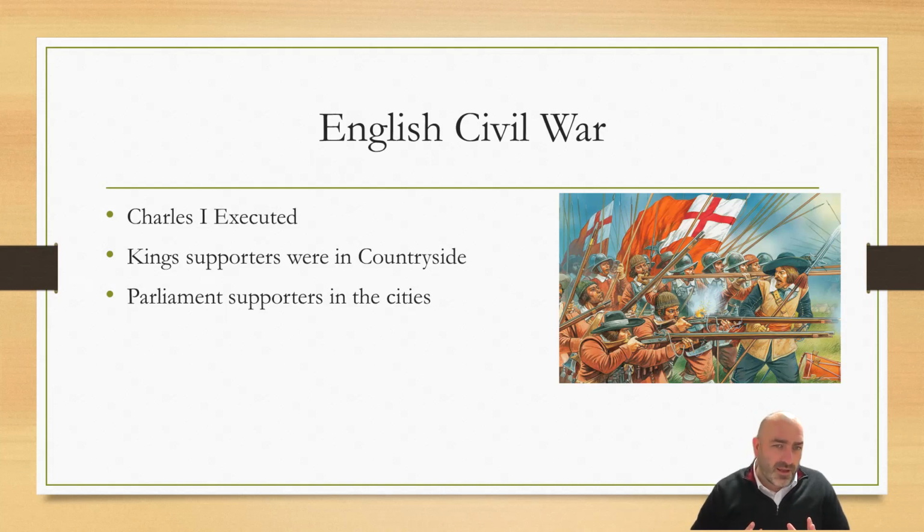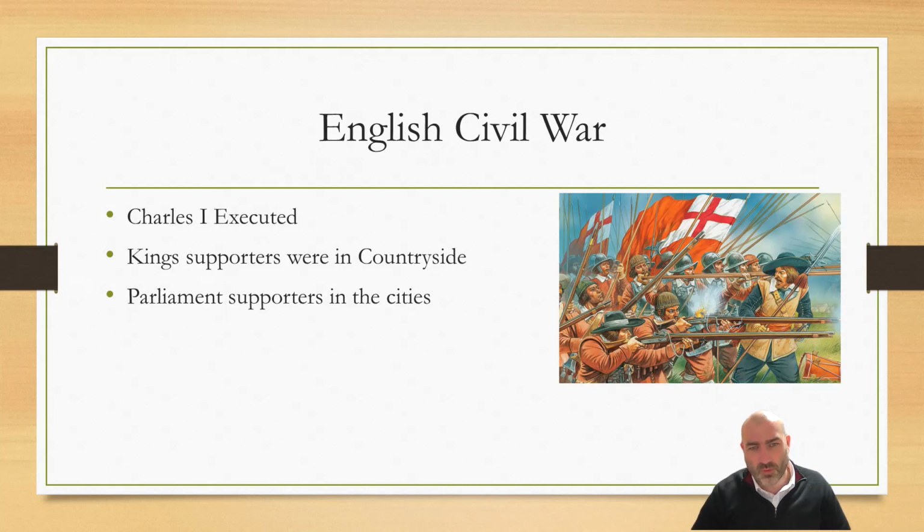Eventually, the parliamentarians, who were the supporters of Parliament and against the king, won in 1649. And what they actually did was kill Charles. They executed him.